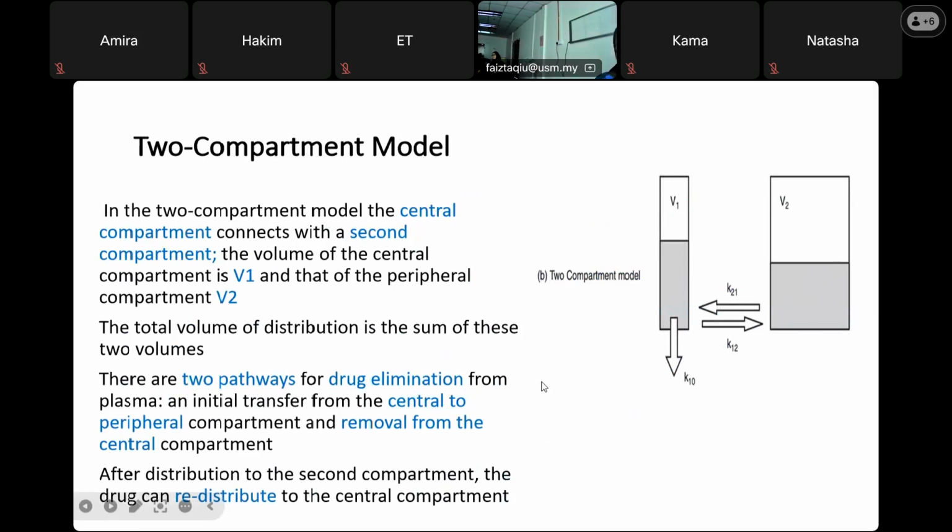So remember the numbers, what is V1, what is V2, and when the compartments expand, you will get V3. And the K just denotes the rate constants of the intercompartmental transfer or intercompartmental movement.